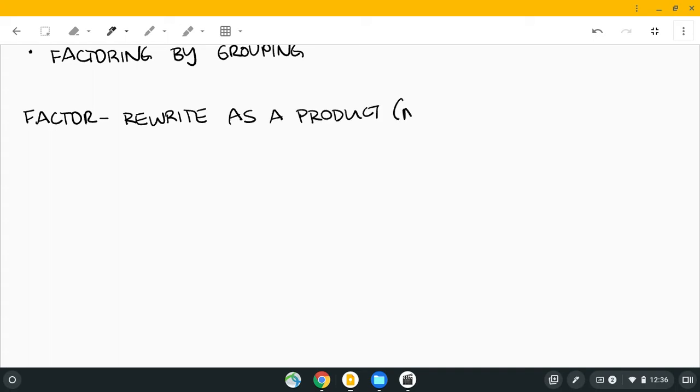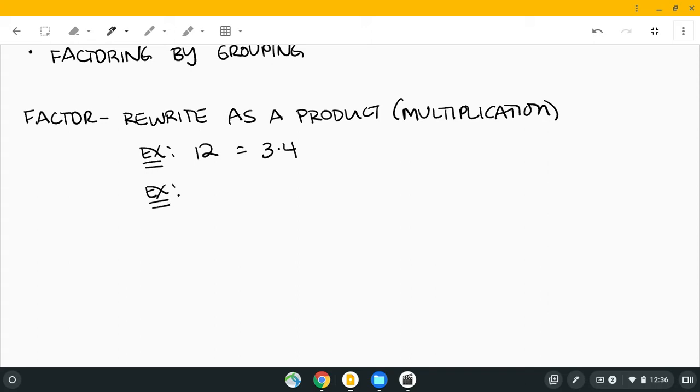All right, so for example, maybe you have just the number 12. If they say factor this, you can rewrite that as a product, 3 times 4.